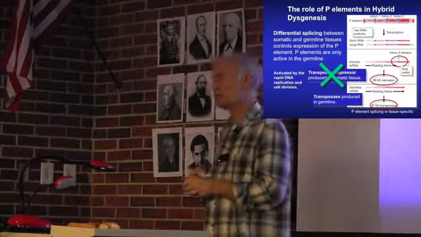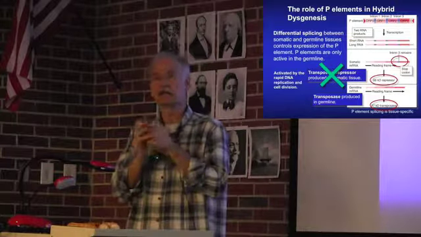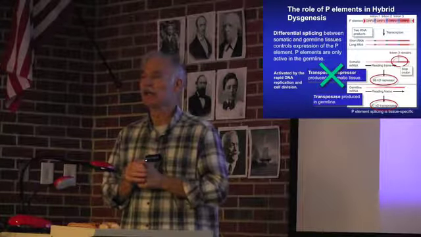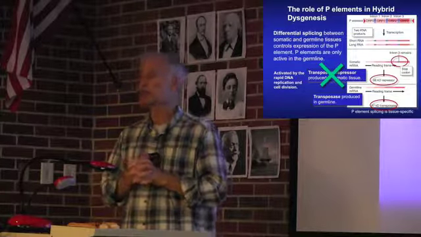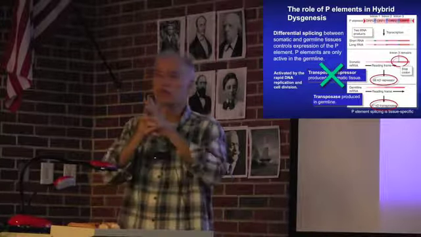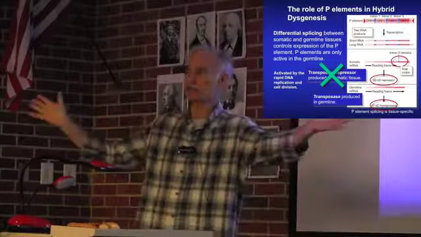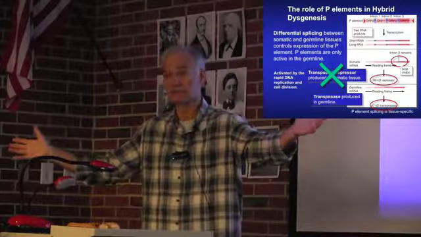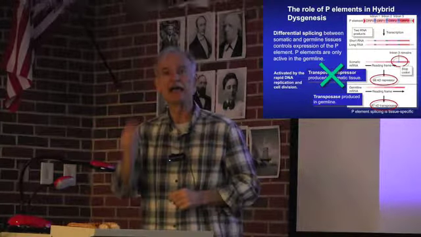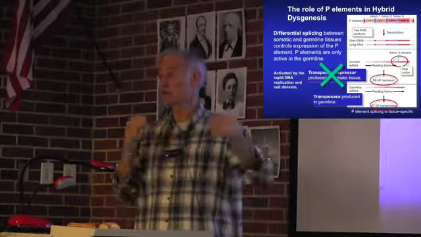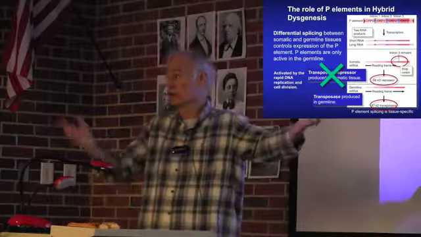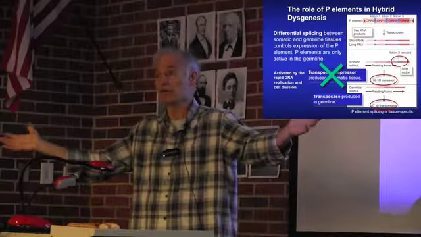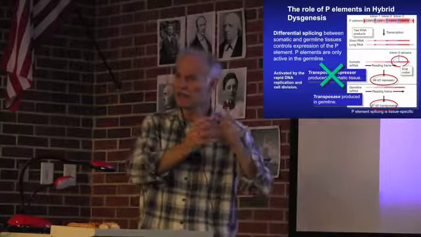So it turns out that type of control is due to an error in splicing. In regular somatic tissues, which is most of the organism, there happens to be a protein, which we still don't know what it does, but it's a Drosophila protein. Drosophila has kept it all these years. It must be doing something for Drosophila. It has an RNA binding domain.